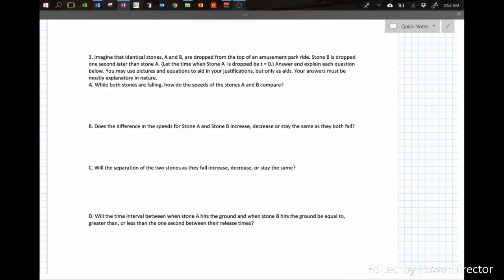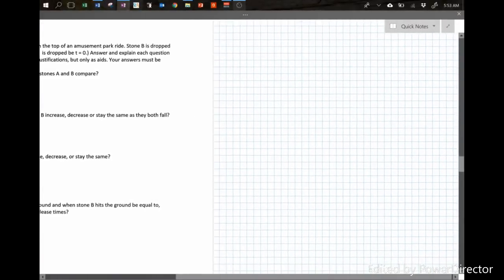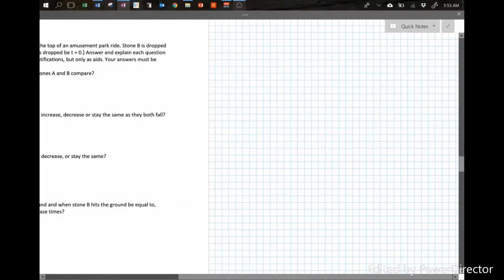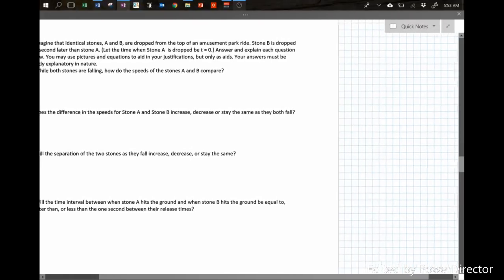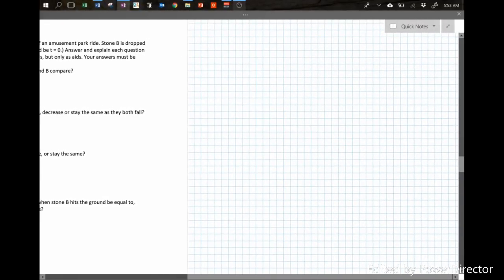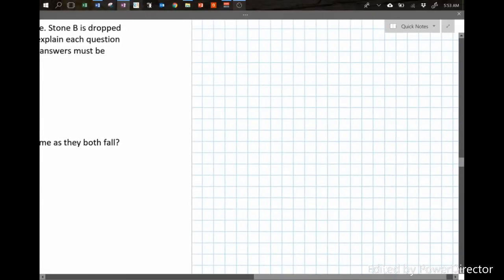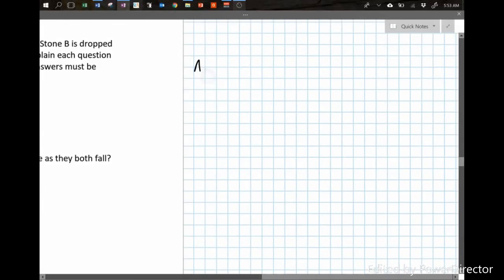All right. We're back. What I like to do on a question like this, we don't have any numbers, but we do know that they're falling, and we do know that they're falling a second apart. So I kind of like to draw what it looks like as each of these objects falls. So we've got ball A, we've got ball B, and they're dropped from the same height.